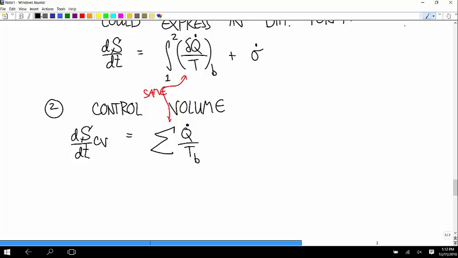And then we have plus mi dot times the specific entropy at the inlet, minus me dot times the specific entropy at the exit, plus sigma dot inside the control volume.